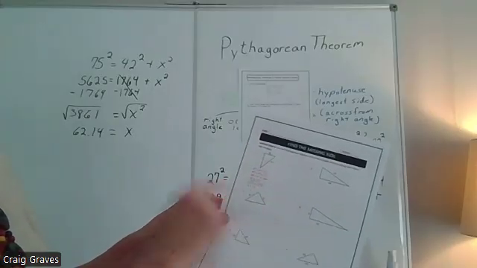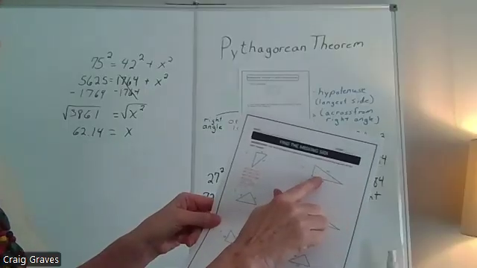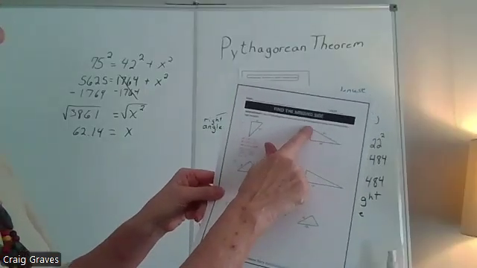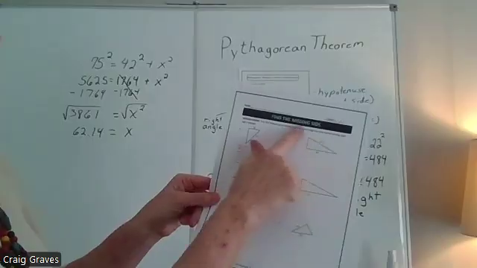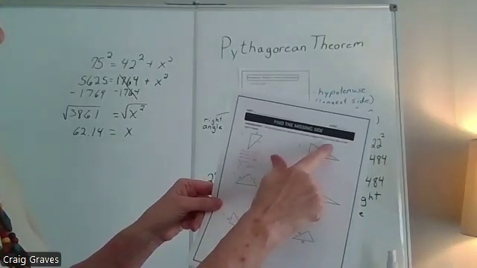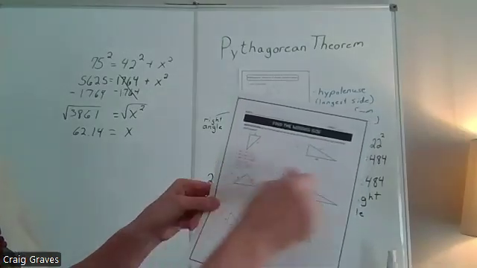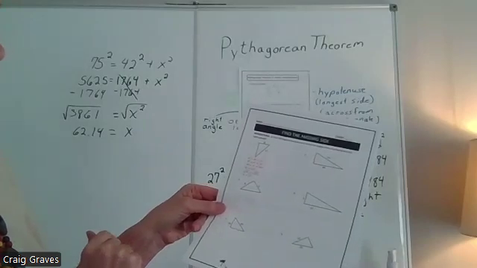You see the work there, they have it done, and you end up with the other side is 15. This one, number 2, also 61 is the longest side. It's across from the right angle. So that's the one that's by itself. 61 squared equals 60 squared plus x squared, and then you'll work that one out.